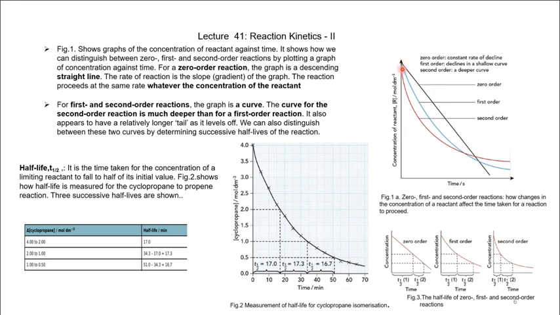And if we get a curve like this, then we call it a first order reaction. A deeper curve like this, we call it a second order reaction. That is what we see if we plot concentration of reactant against time.